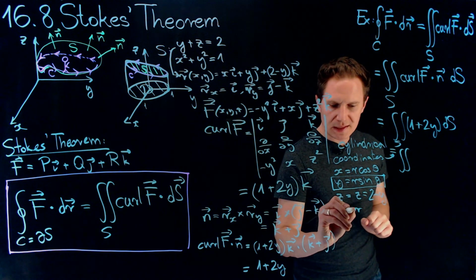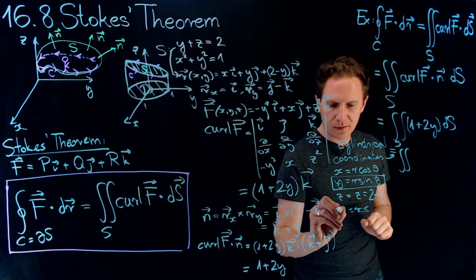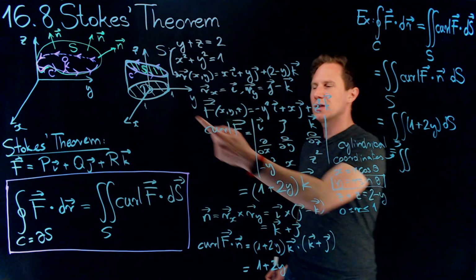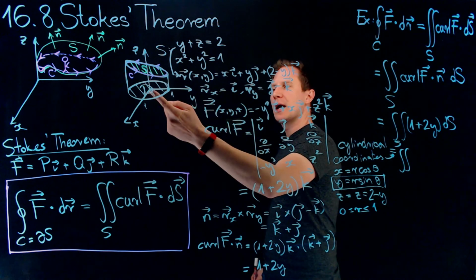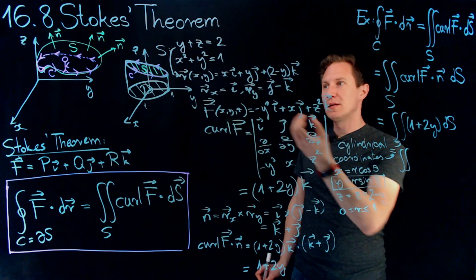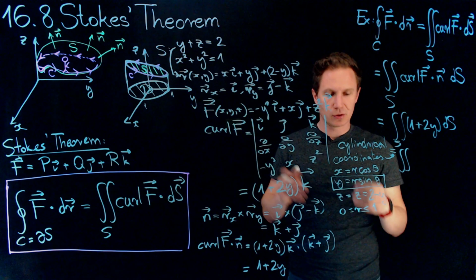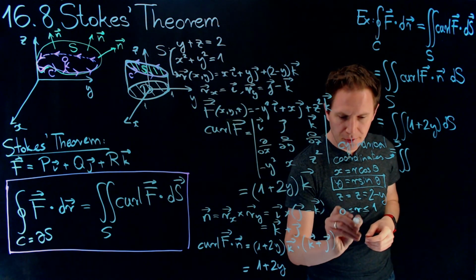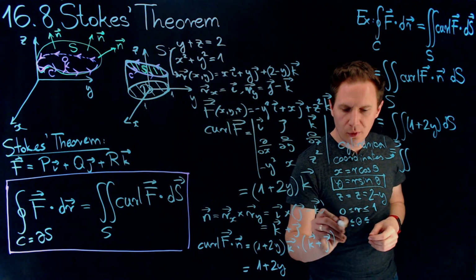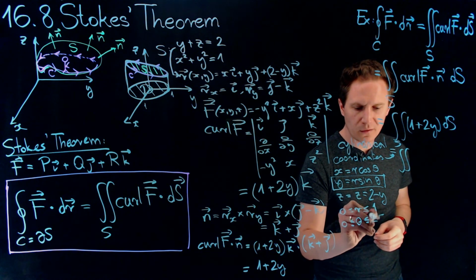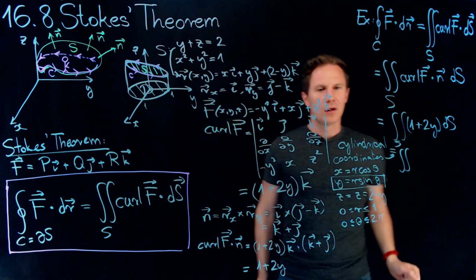We have to set up the boundaries for r and theta. So r changes between 0 and 1 because we look at that unit disk where the distance from the z-axis goes from 0 to 1. And theta, our polar angle, can change anywhere between 0 and 2 pi.